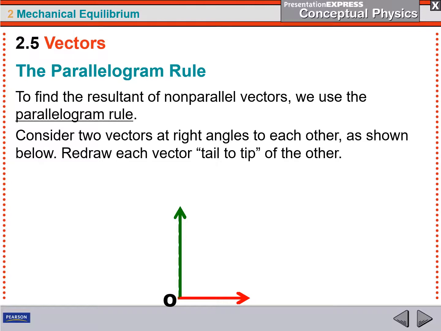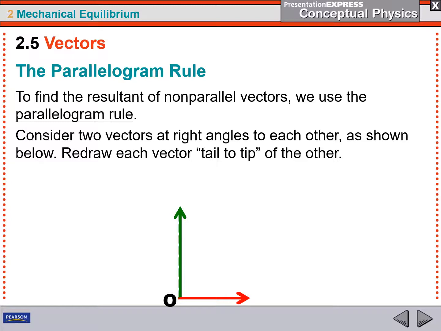Now, what if the two forces are not parallel to one another? What if they're at right angles, such as shown by the vectors in this slide? Your book describes finding the resultant of two non-parallel vectors with the parallelogram rule.